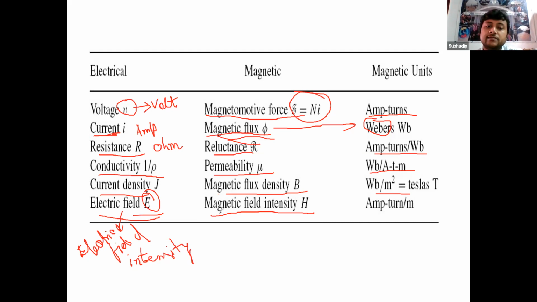And in magnetic circuit, it is nothing but magnetic field intensity, which is H, and we have seen this in ampere turn per meter.